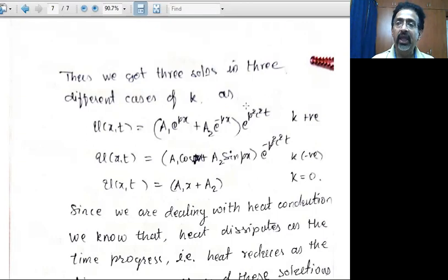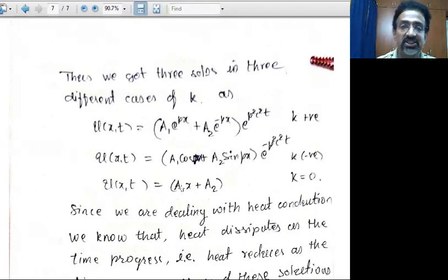And as x increases, then also u should decrease, as the temperature flows from high temperature to the low temperature. That clearly indicates if I measure the heat at far off places, it will be less. That means as x increases, the temperature decreases. So these two are my observations.